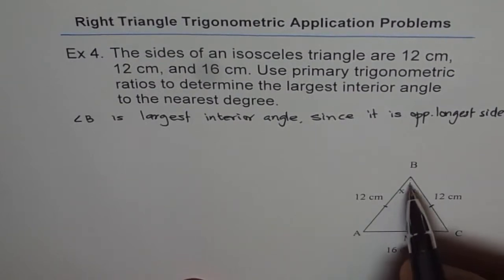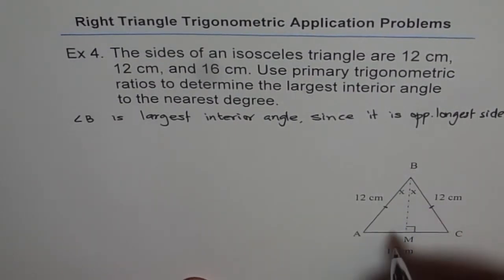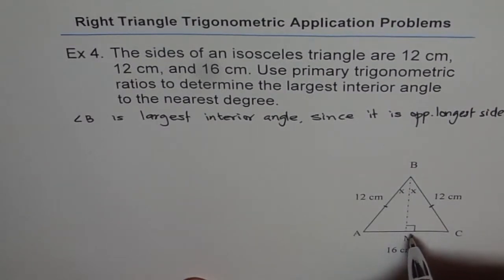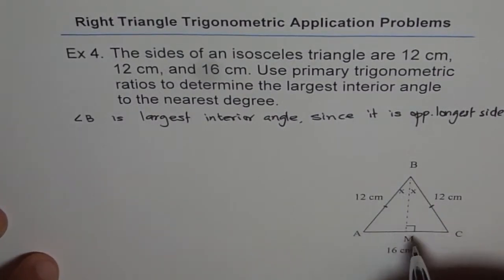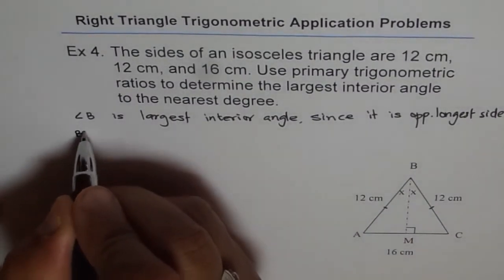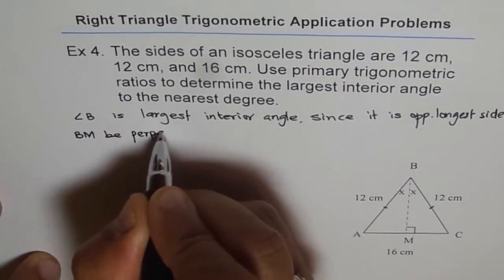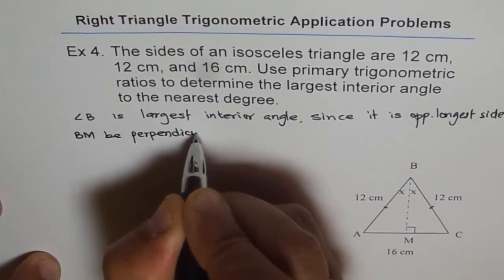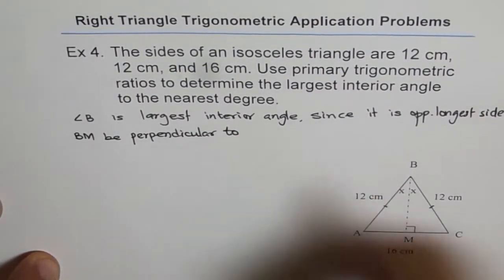Now if you drop a perpendicular from B to AC, you will find that this angle is 90 degrees, right? Because it's a perpendicular from B to AC. So what we have done here, we have done some construction and we say let BM be perpendicular to AC.